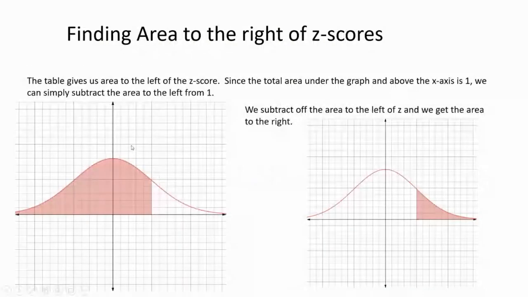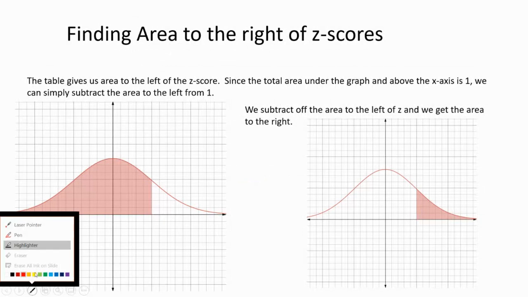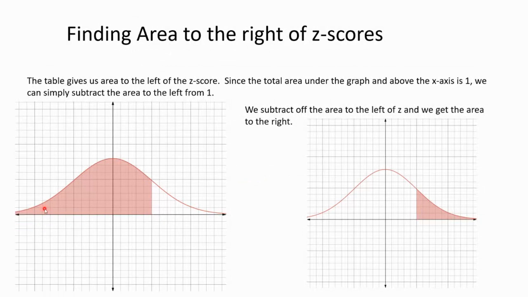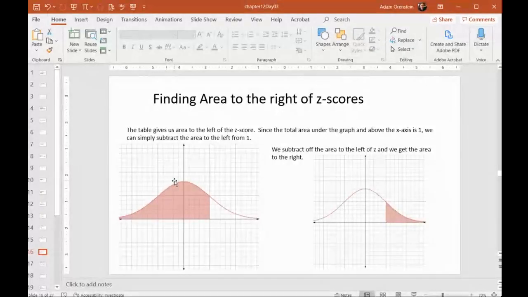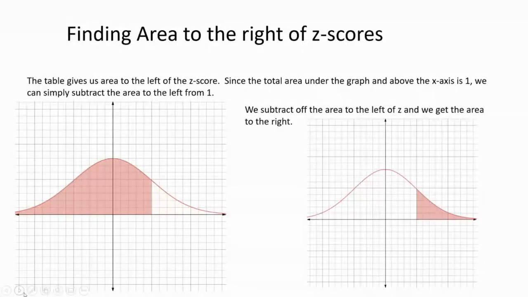All right. So from the table, we were able to get the area to the left of the z-value. We were able to get the area that lies to the left of the z-score.